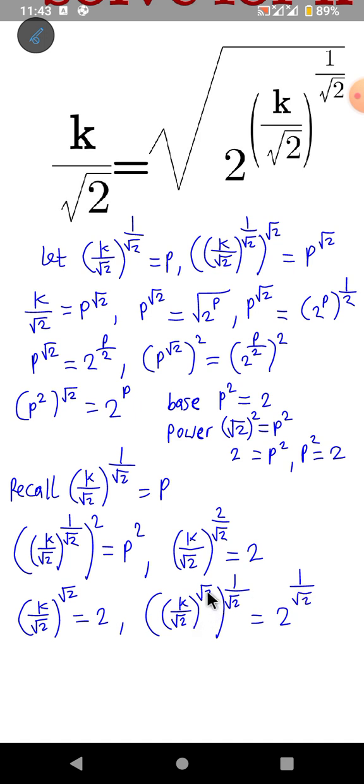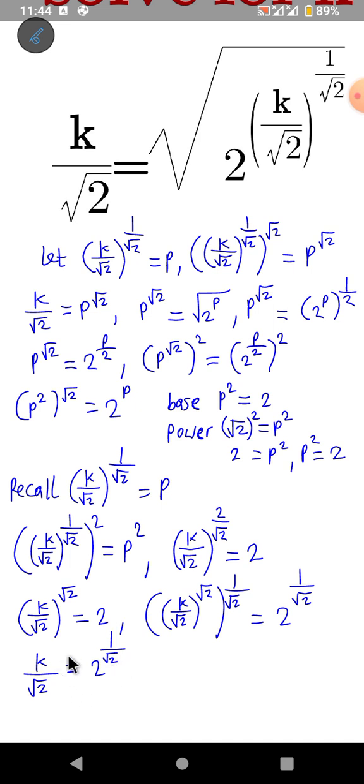Root 2 times 1 over root 2 will give me 1. So we are now left with just k over root 2 equal to 2 raised to the power of 1 over root 2.